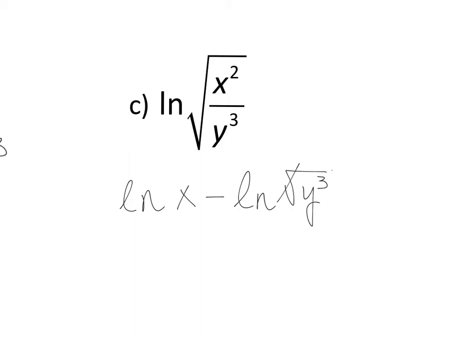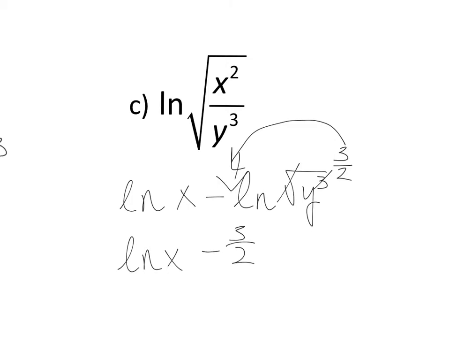And note, we can make that into 3 over 2 as 3 is in the numerator of the exponent, and then this 2 is in the denominator from the index of the radical. Remember, a radical or square root is 1/2 as an exponent, and then we can move that out front. So our final answer would be natural log of x minus, and note we're moving it out front of this term right here, 3/2 natural log y.